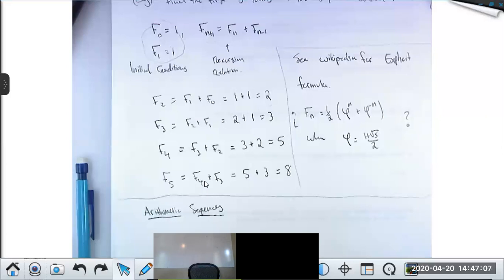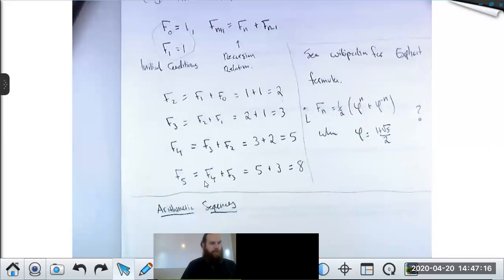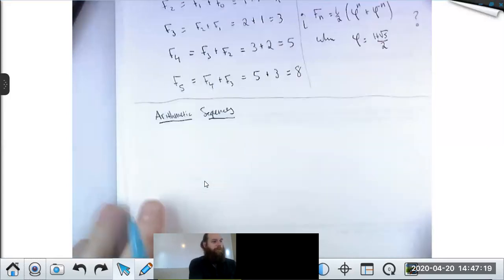Okay, so the next important family of sequences for us to look at are arithmetic sequences. This is the sequence version of a linear function.